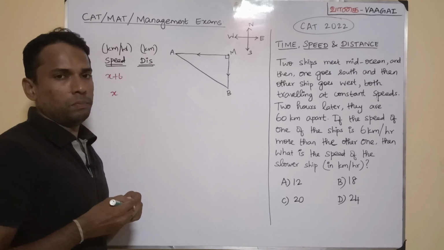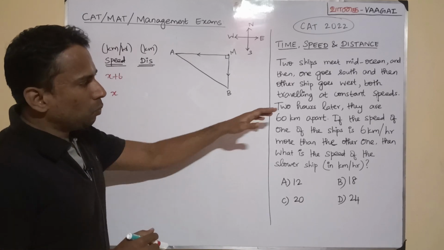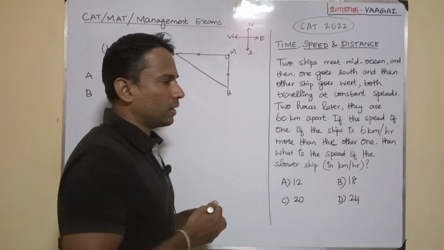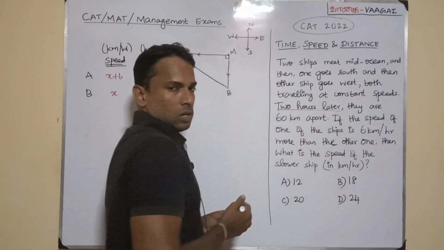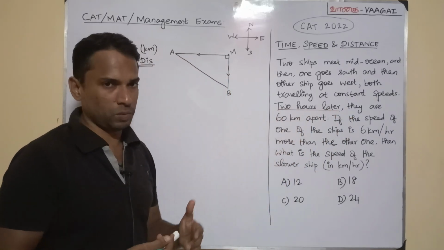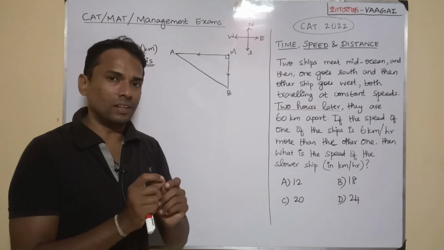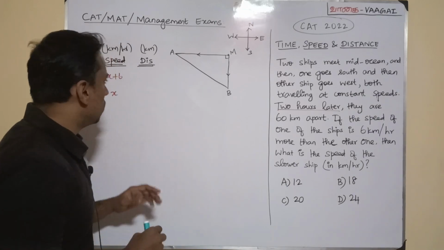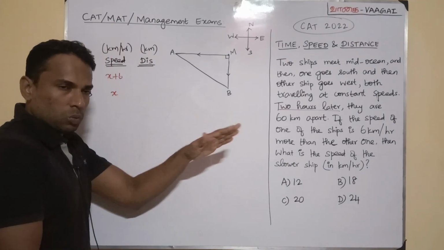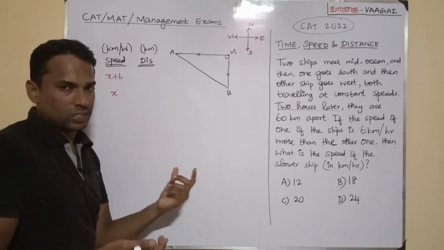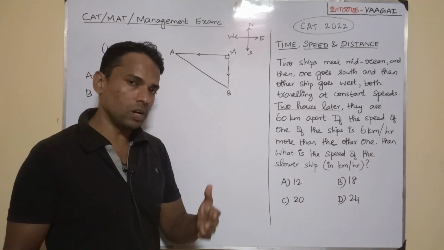Now we are clear with the speeds. They both travel for how much time? The time duration is 2 hours, because 2 hours later only they are giving the information. Speed is there, time is 2 hours, so automatically we can get the distance, because distance is nothing but speed into time.